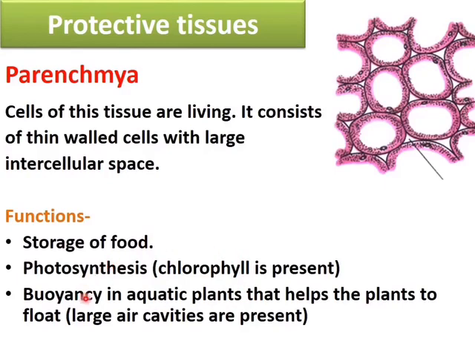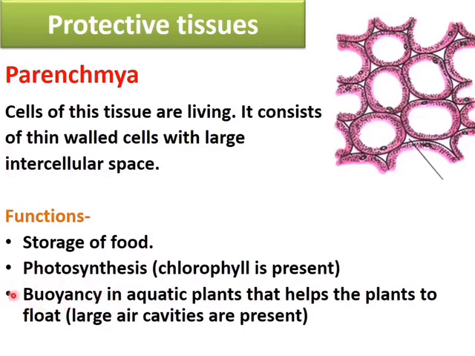Now, third function is it gives buoyancy, means floating tendency, to the aquatic plants. You might have seen some aquatic plants, they float on water. Why? Because these have large air cavities present in between them. That is why they are able to float on water.